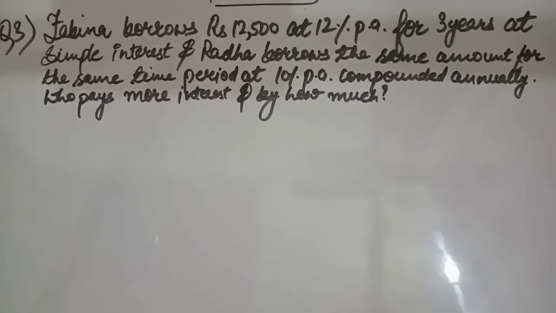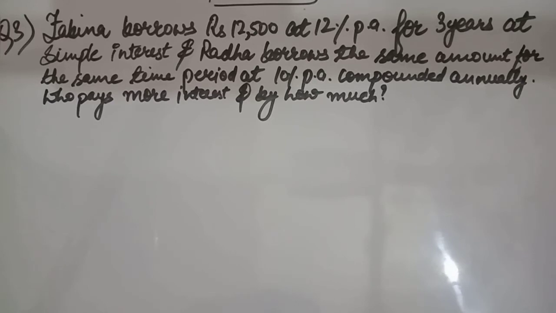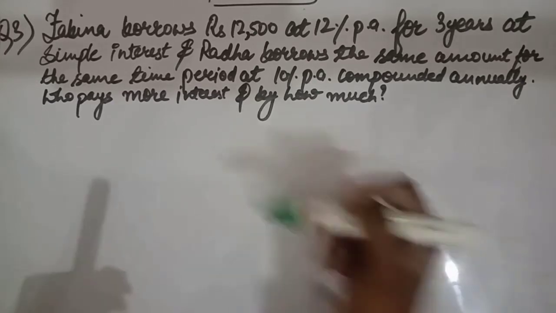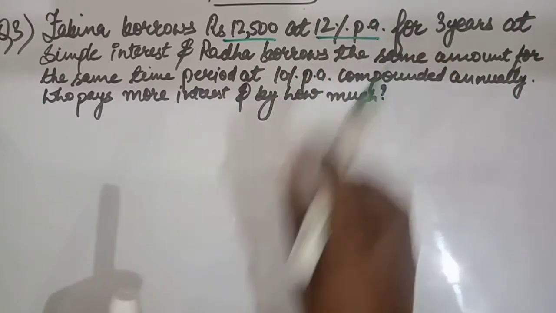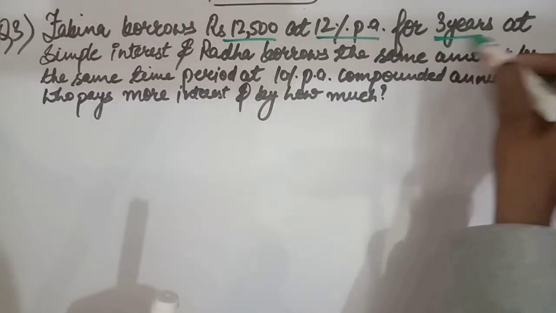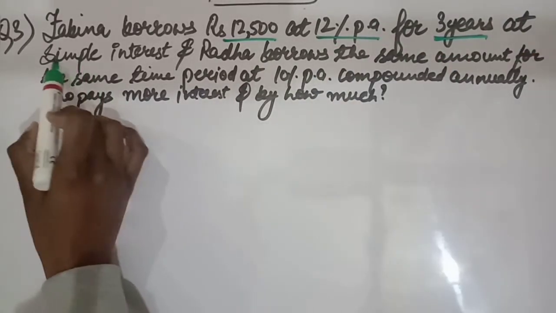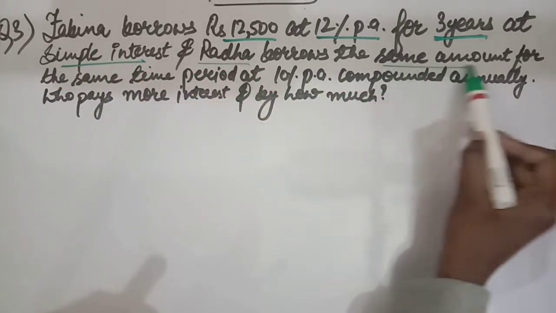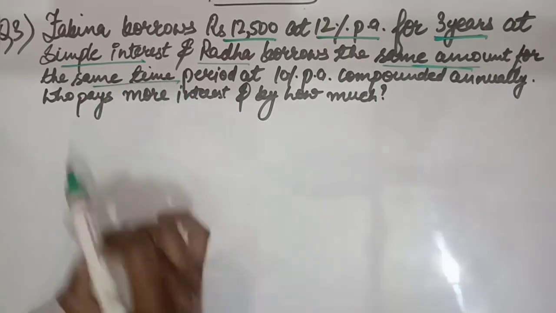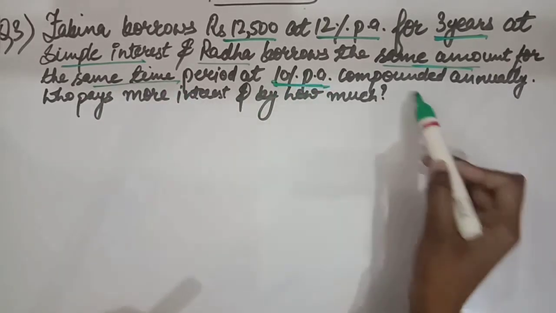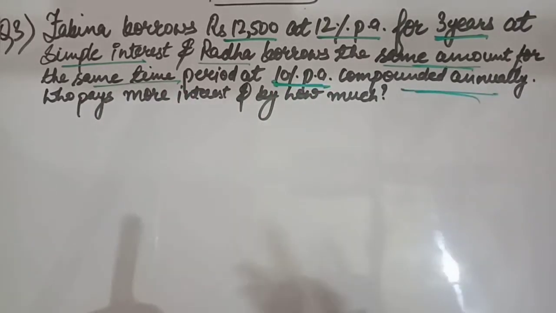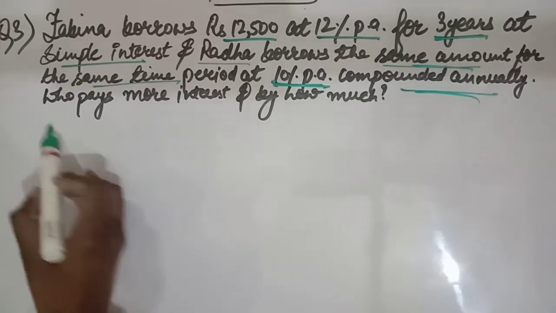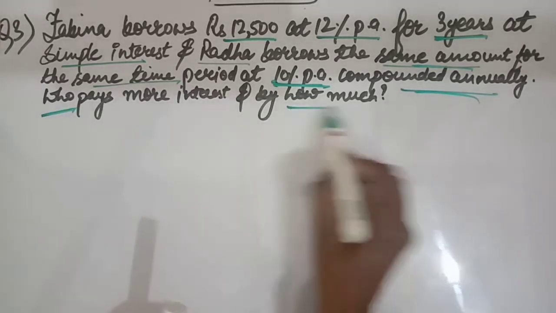The next question that we have is, Fabina borrows rupees 12,500 at 12% per annum for 3 years at simple interest, right? And Radha borrows the same amount for the same time period at 10% per annum compounded annually. What we have to calculate here is who pays more interest and by how much.